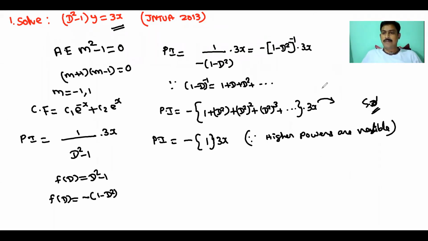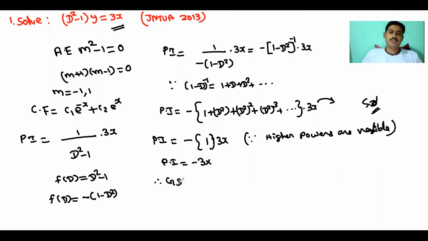Suppose we had a square, then constant, D power 1, up to D square, we could extend. Since here x power is 1, we can extend only up to the constant, because there is no D power 1 term here. So we stop the process. 1 into 3x is 3x. So the particular integral is minus 3x.